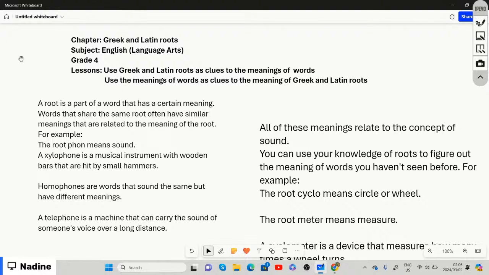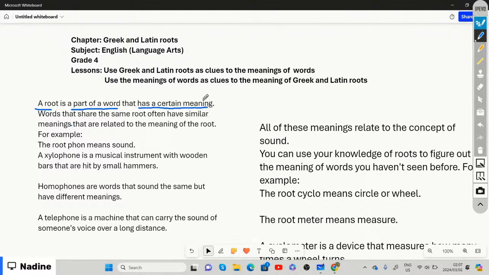So a root is a part of a word that has a certain meaning. Words that share the same roots often have similar meanings that are related to the meaning of the root.